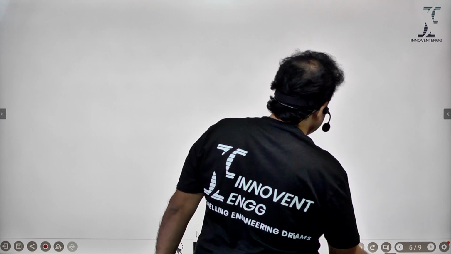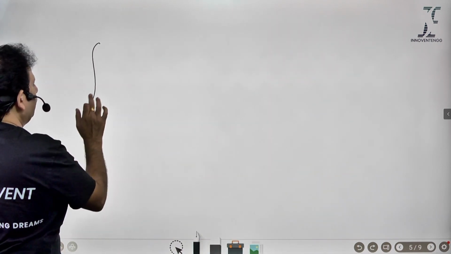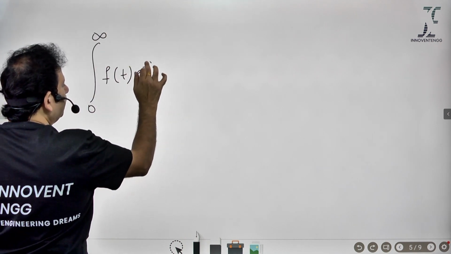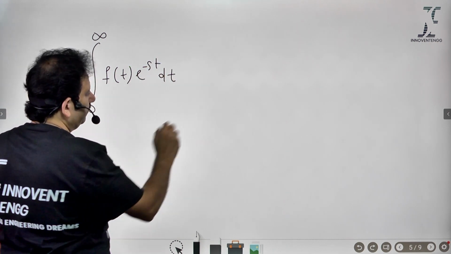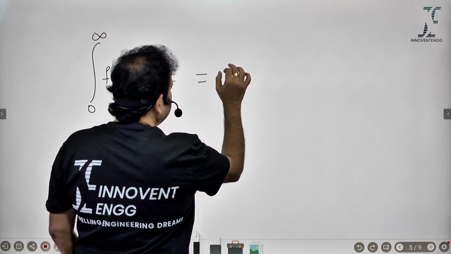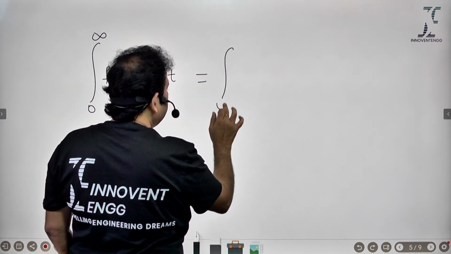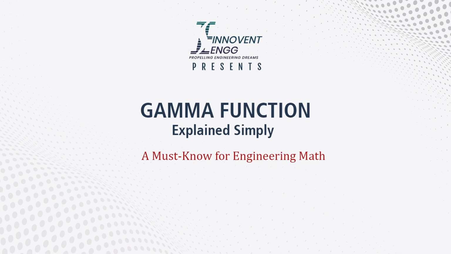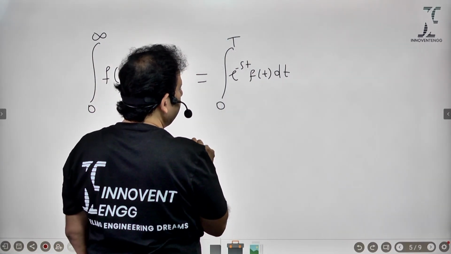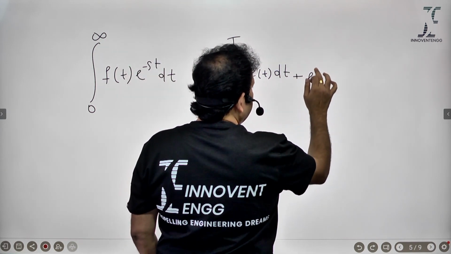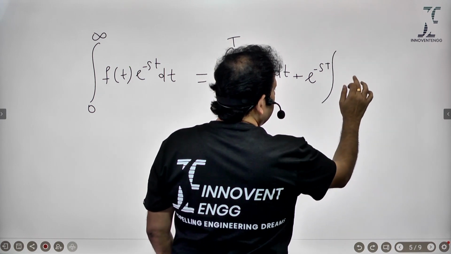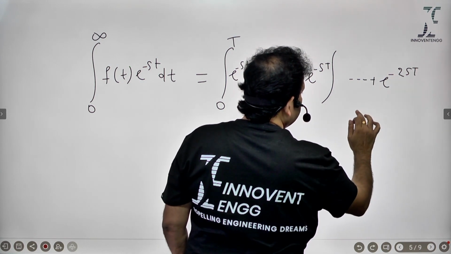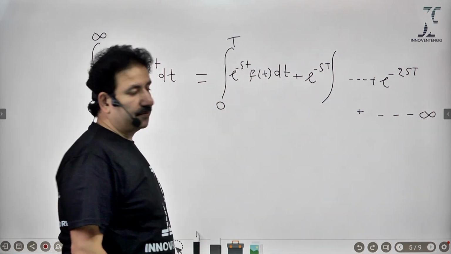So can I categorically write now that my integral from 0 to infinity of f of t e power minus st dt, which is my Laplace transform of f of t, a periodic function, is going to be: from 0 to T, the first one has coefficient 1, e power minus st f of t dt, it doesn't matter which order you write them, and the second integral would have e power minus sT, the third integral e power minus 2sT, and this goes on for an infinite number of terms.